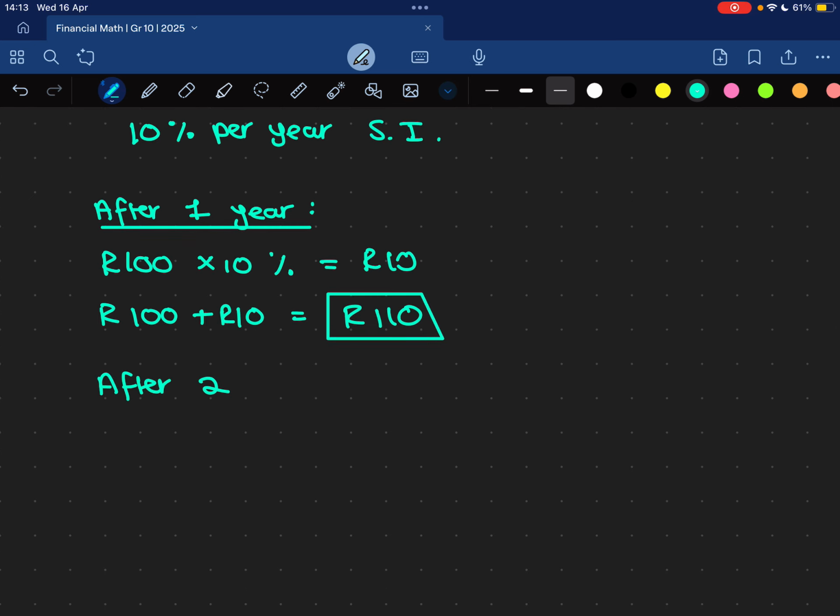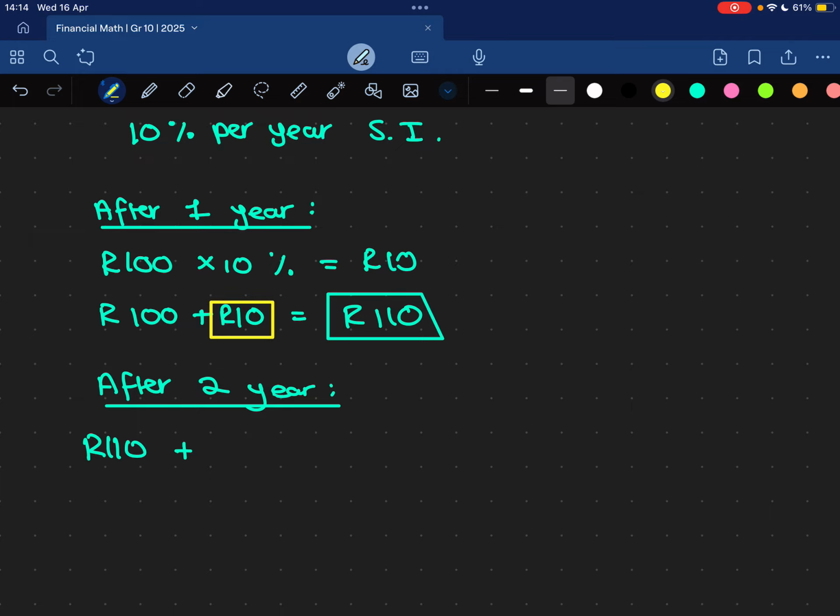Now after the second year, I still have the 110 Rand in my account. But now I need to work out however much interest I have. So that's this 10 Rand here.